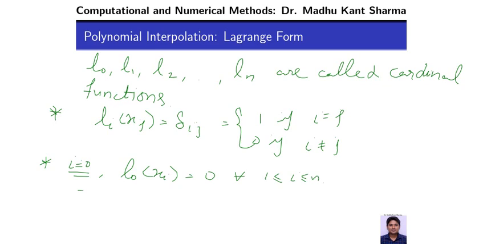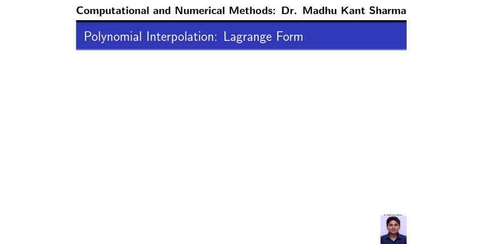So therefore, L0 of x must be c times (x minus x1) and so on up to (x minus xn). Now L0 of x0 equals 1.